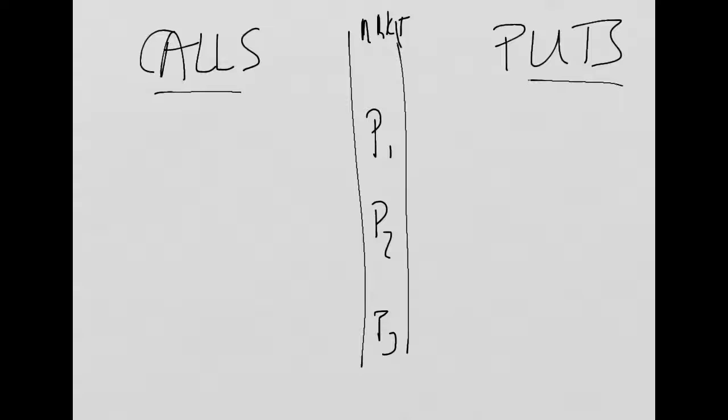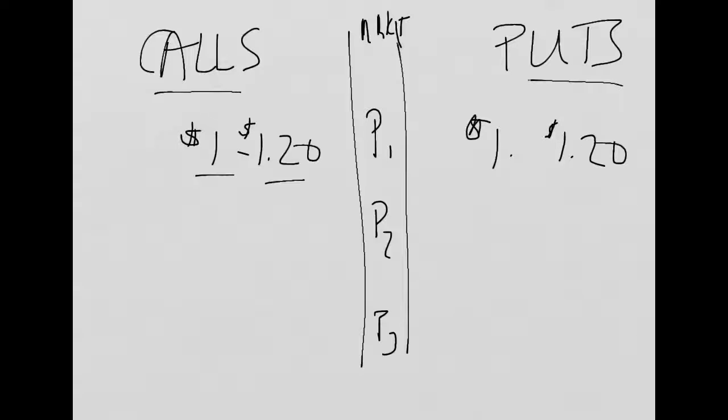There'll be a bid and the ask price on each side, and it might say it's $1 by, say, $1.20. So if you go to sell it, you're going to get $1. If you buy it, it's $1.20. Same thing over here. This price at price 1 will be, let's say, $1 for the put by $1.20. So what we're going to do is we're going to look for calls that again are above where the market trades and puts below where the market trades, and sell them.